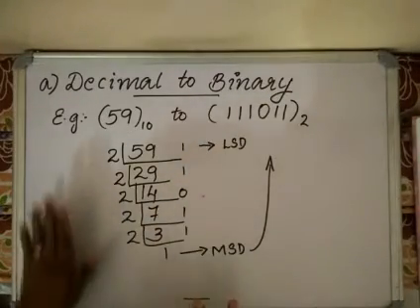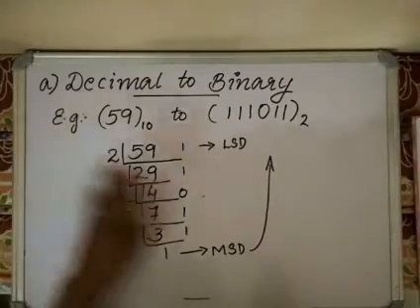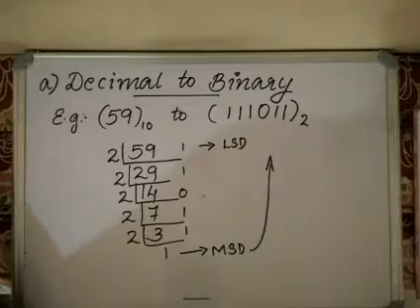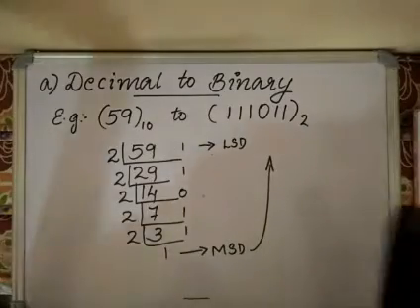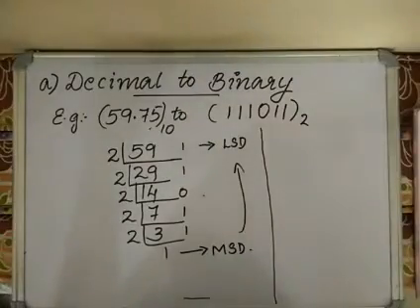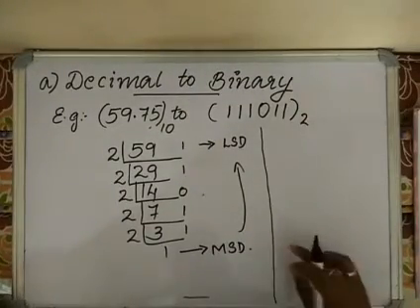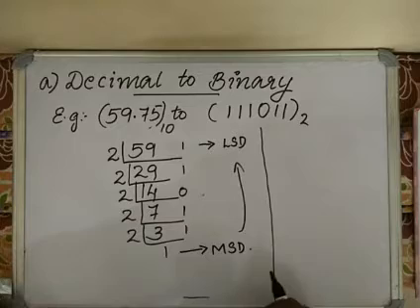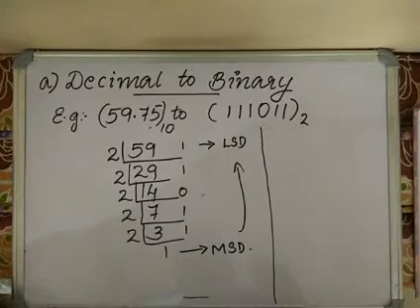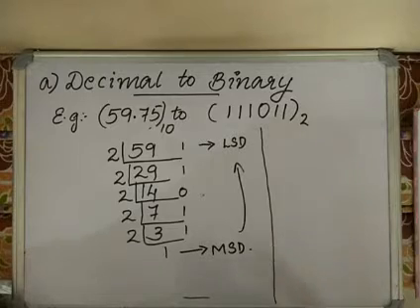This number does not have a fractional part. Now we can consider a number with a decimal point. If the number contains a decimal point, that means it has an integer part and a fractional part, we have to separate it into integer and fractional, then do the process.